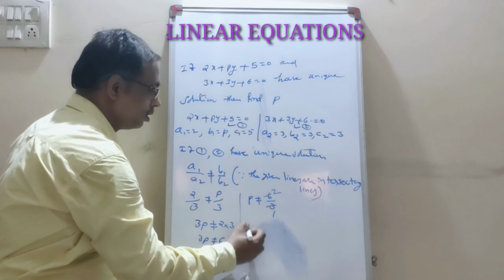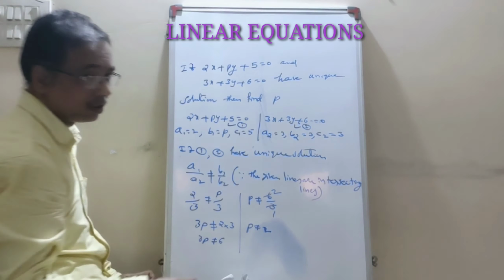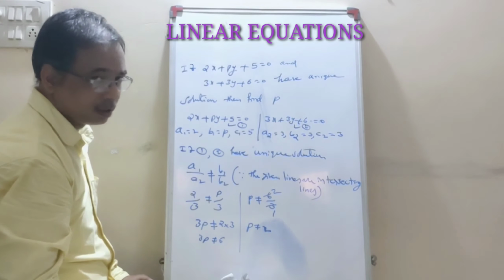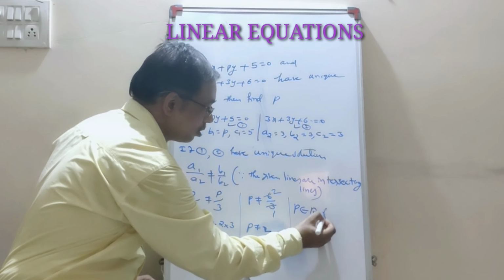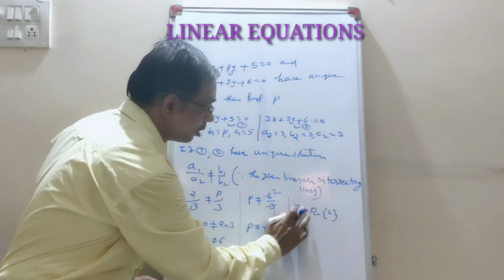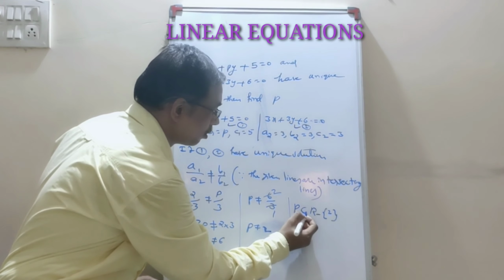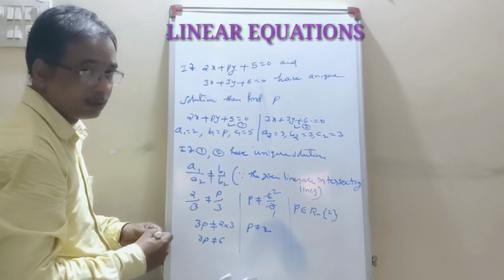Therefore p is not equal to 2. That means except 2, you can take any value of p to satisfy this unique solution condition. That is, p belongs to R minus 2. So this is the first important one.